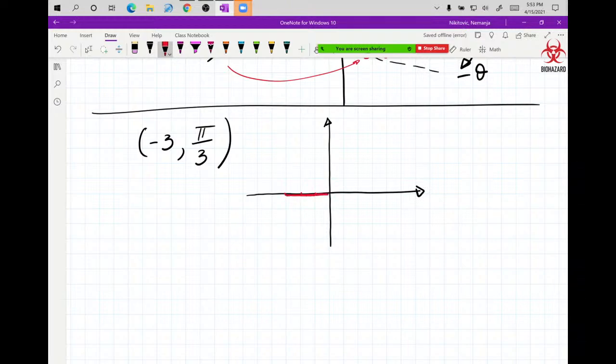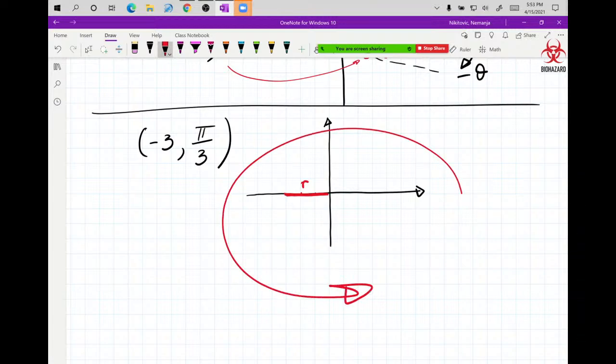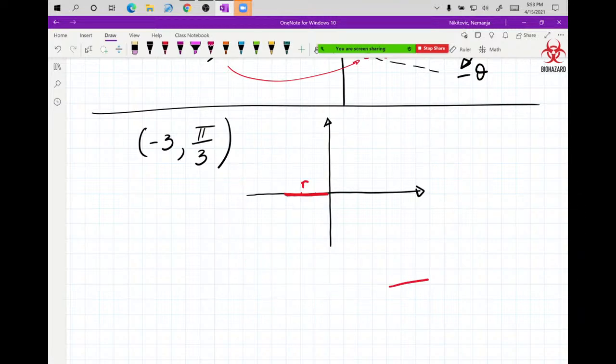This over here is now your r. So now pi over 3, again, counterclockwise is for positive angles. So pi over 3, that's going to give us 60 degrees in this quadrant. There we go. And now we swing there, and that's our point.